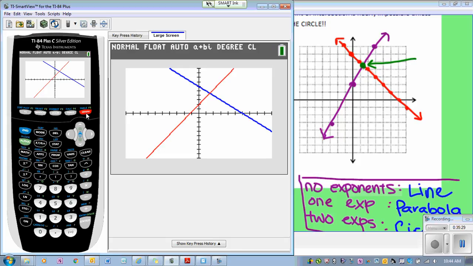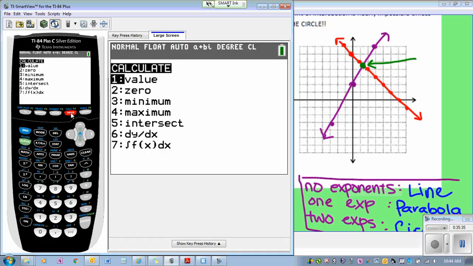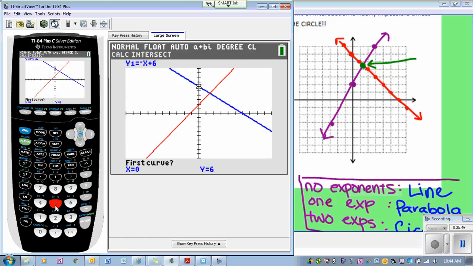All right. So here's what you do, guys. Go to second trace. Intersect. Because we're looking for the intersection. Do you agree? Second trace, intersect. And there's Blinking Bob. So move Blinking Bob close to the intersection that you want, but don't go right on top of it, because if you do, you'll get an error.